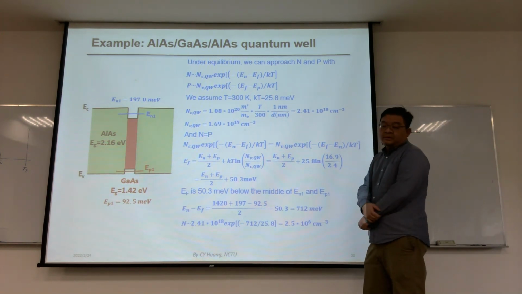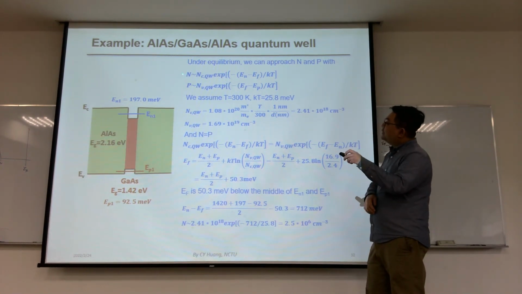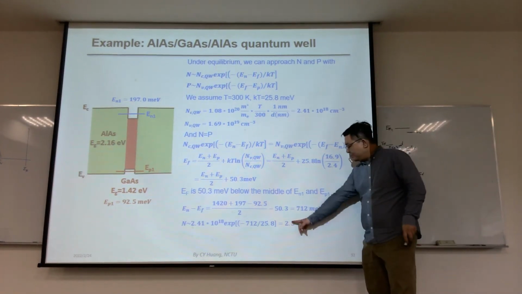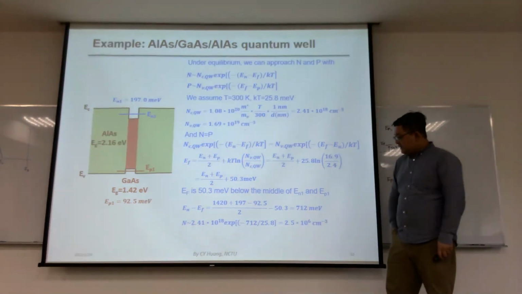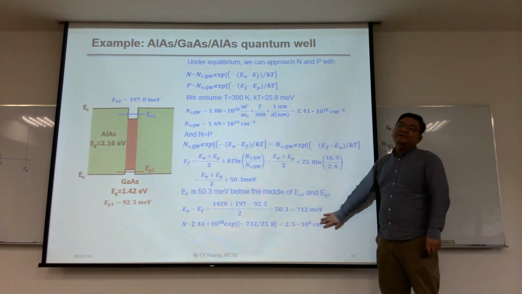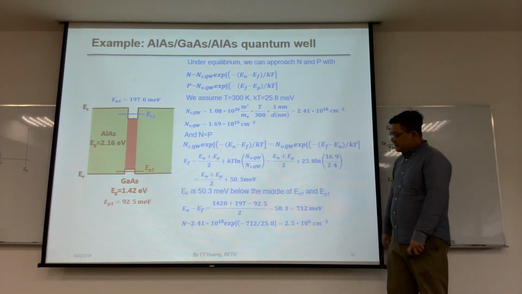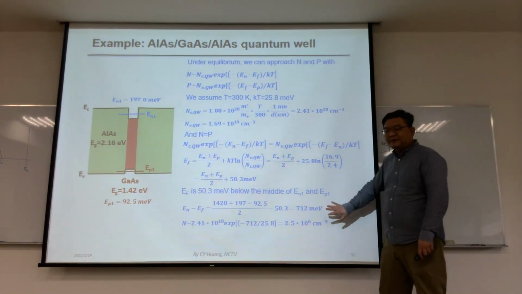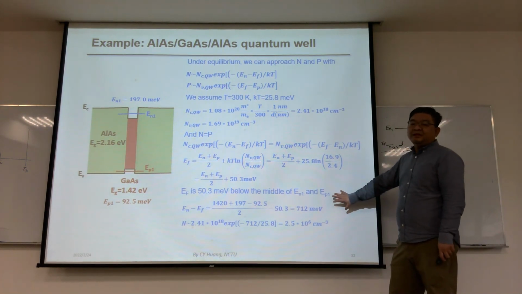meV below the first ground state, and then you put back to your relation here, you will get a carrier density of only 2.5 times 10^6 cm^-3. This is not a practical value, it is too low. The reason is if your crystal is perfect, theoretically, you have a very low carrier density for a 1.4 eV material.